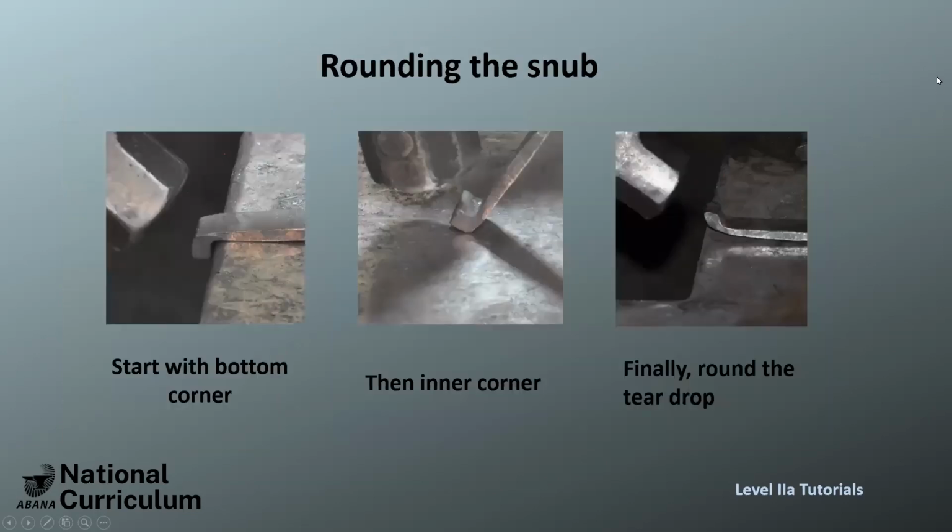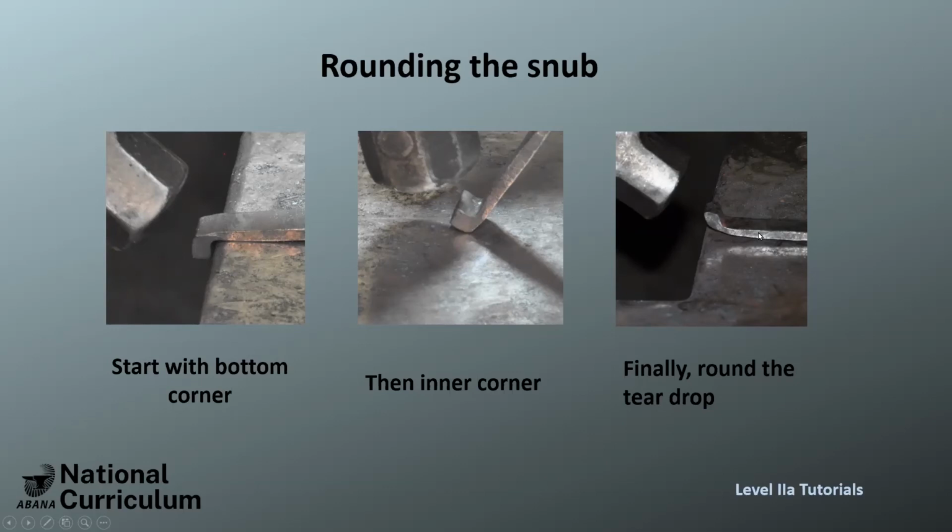Some pictures for making the round. You have the square. You start with this corner. Then you take the inside corner by turning it around, this guy here. This is a little tricky because this is pretty small here, and I used a pretty big hammer. So it might be advisable to use a smaller hammer to get in here good enough to not have this mushroom over to the inside.